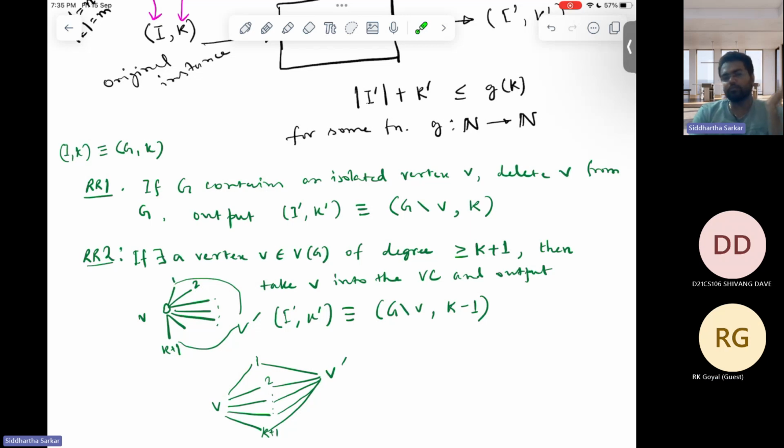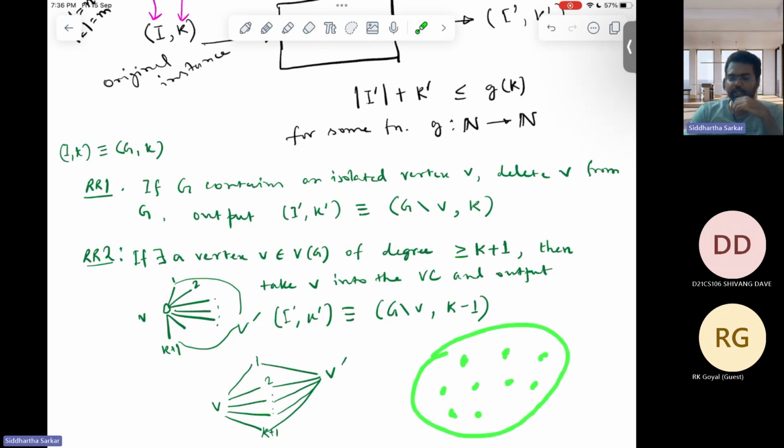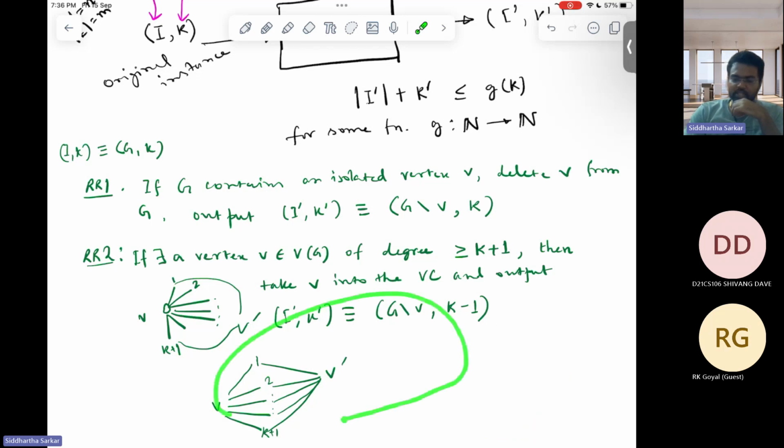So given a graph, now we consider this algorithm for finding a vertex cover. This algorithm uses kernelization. I would prefer to call it a set of reduction rules. It takes an input graph. It scans for those vertices which are isolated and removes them, and it also scans for high degree vertices.